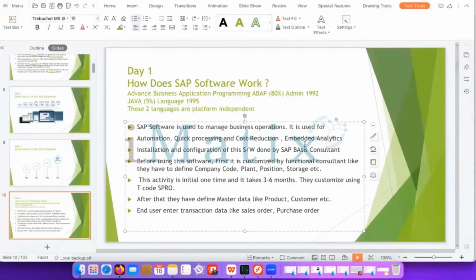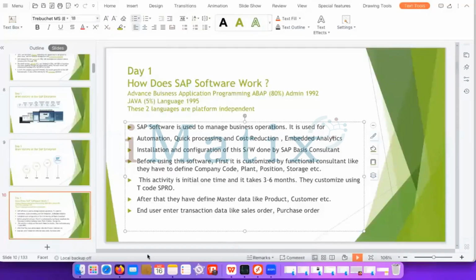There are very specific activities and duties for different consultants, and we don't touch each other's area. Most companies have separate basis and security consultants, but here I am going to discuss both basis and security. Installation and configuration of this software is done by the basis consultant.